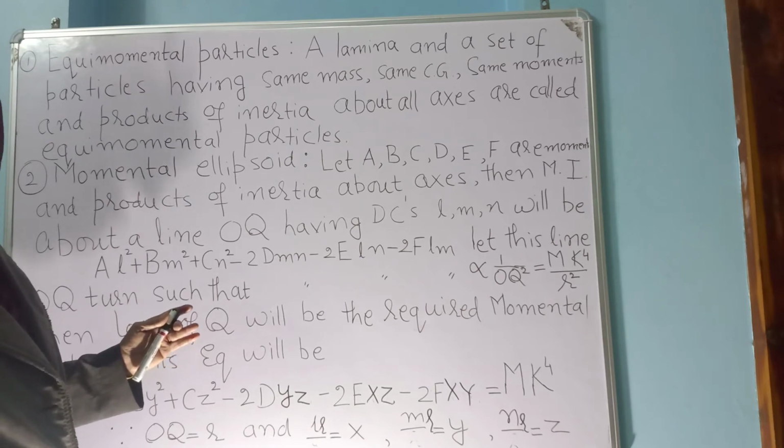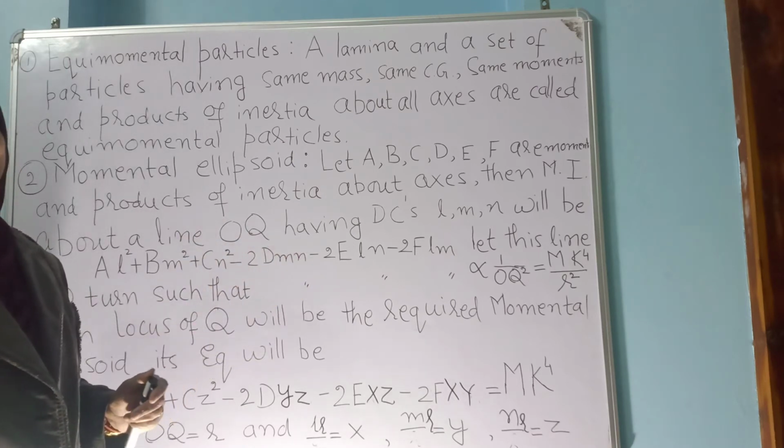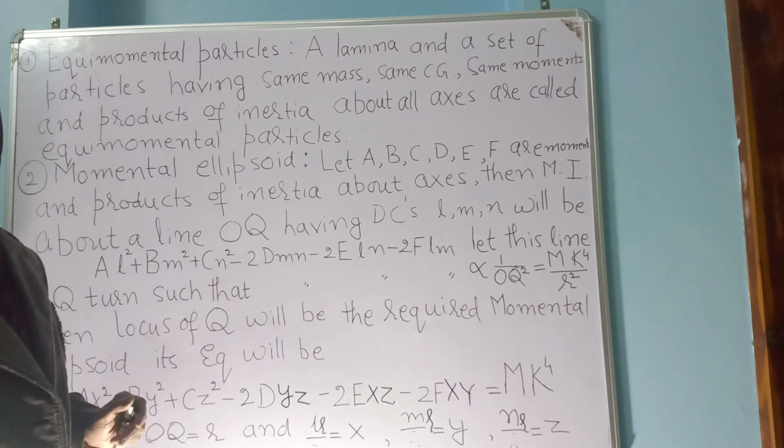Before that, you can further reduce this to 2D. What will happen in 2D? In 2D, you will get only A, B and F, so you will be getting a momental ellipse.